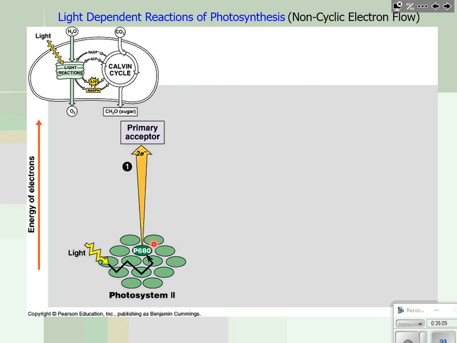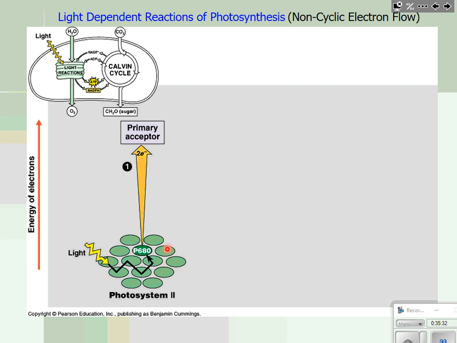A photosystem is just a collection of pigment molecules, mostly chlorophyll A molecules, but maybe chlorophyll B and maybe even some accessory pigments, orange and red pigments. It's pigment molecules and also some proteins that are going to pick up any excited electrons that leave the chlorophyll.